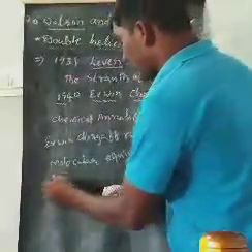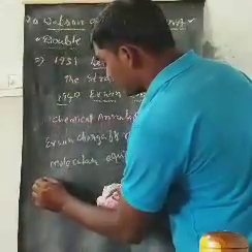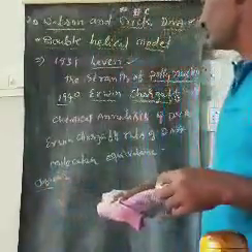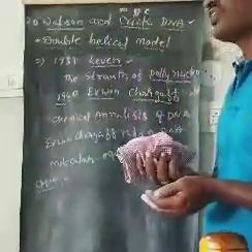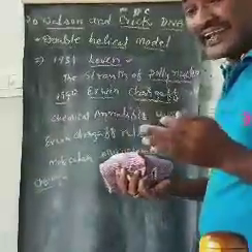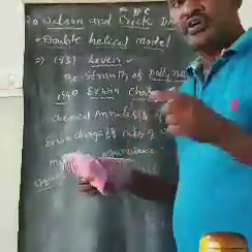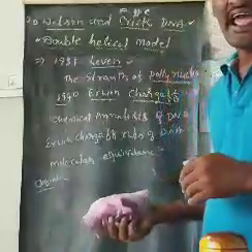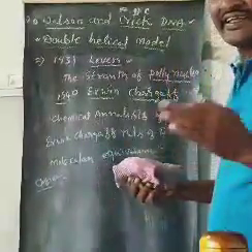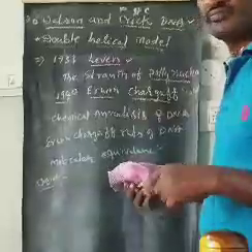So the definition: Erwin Chargaff rules of DNA molecular equivalence is defined as the ratio of nitrogen bases in the DNA molecule is always equal. Keep it in your mind.